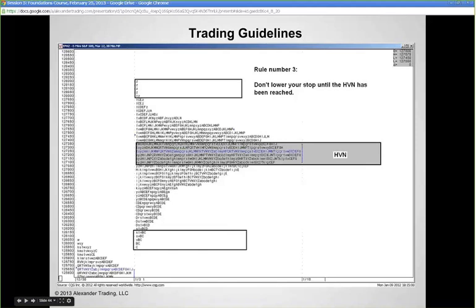Okay, the area around the high volume node is the area of greatest trade facilitation. The implication of that is that it tends to be more random until the market begins to transition. The more mature a balance area is, the more that high volume node will tend to reject price one way or the other in a similar form as an extreme.